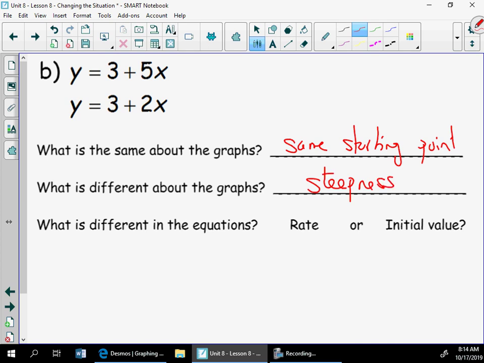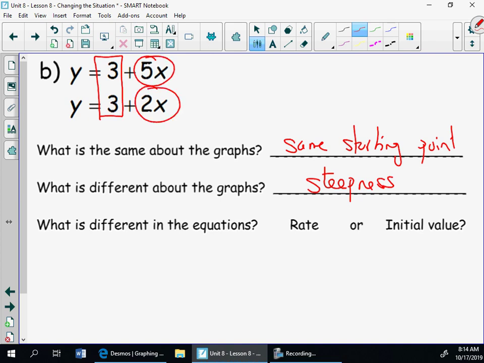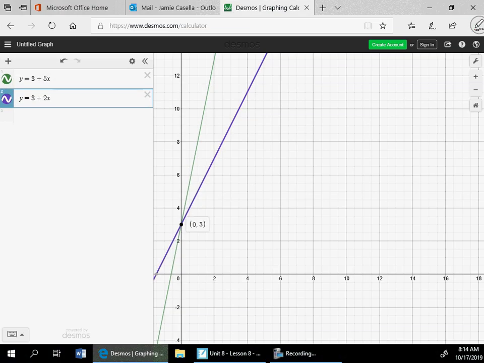Now does it make sense from looking at my equations? They have the same initial value, but they have different rates. It makes sense that they have the same starting point but different steepnesses. The one that has a 5, the green one, is much steeper. The bigger the rate, the steeper the line. We've talked about those two things.